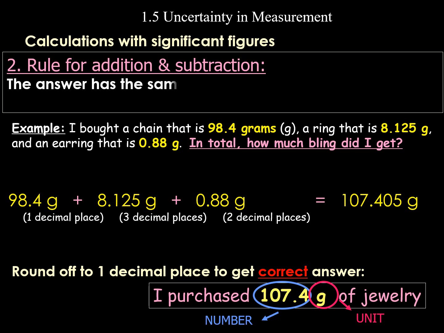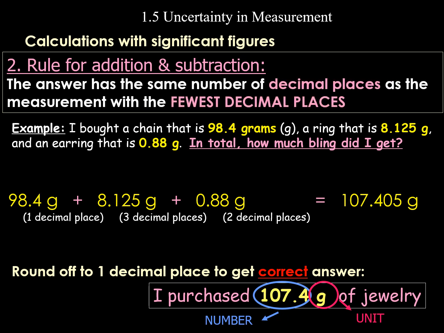There's another rule for adding and subtracting, and it states you want the fewest decimal places. In this case we have 98.4 grams, plus 8.125 grams, plus 0.88 grams, which equals 107.405 grams. We look at the question. The first one has 1 decimal place.